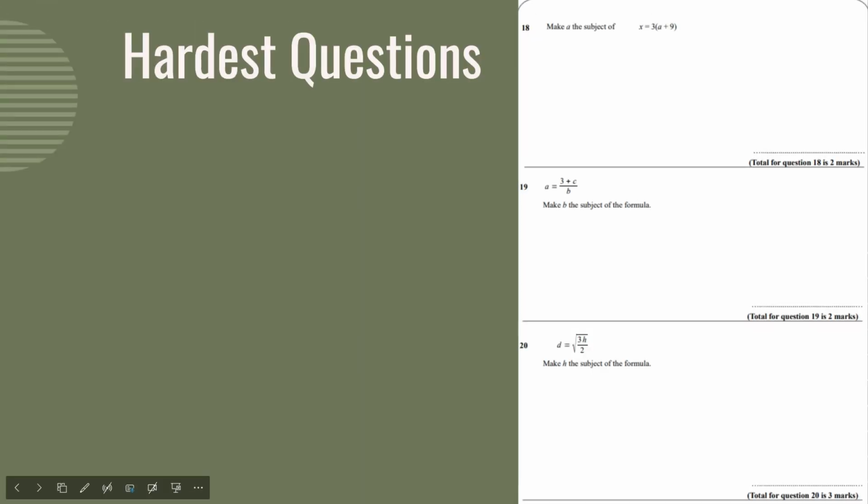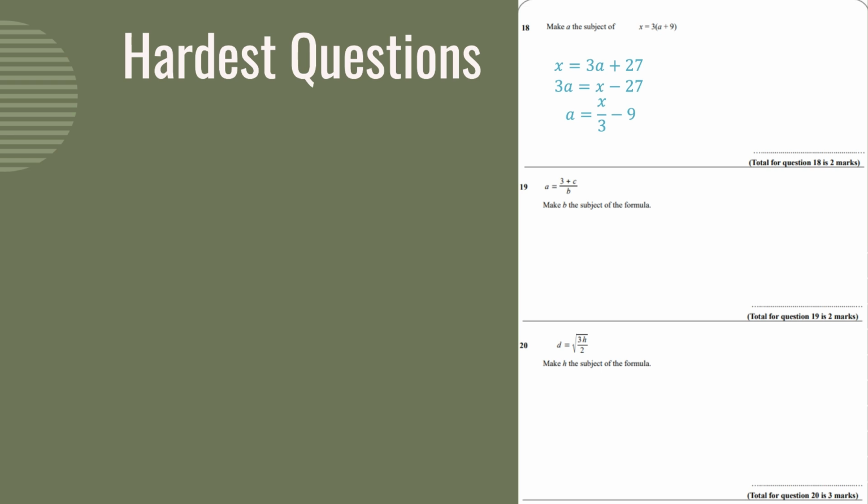Now it's time to have a go at some of the hardest exam questions you'll probably be asked on changing the subject of a formula. Have a go, pause the video and unpause when you've done. So, in our first question, make a the subject of x equals 3 bracket a plus 9. First, we need to expand the bracket, so x equals 3a plus 27.